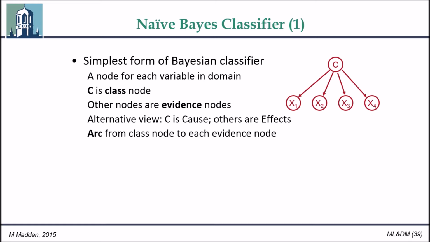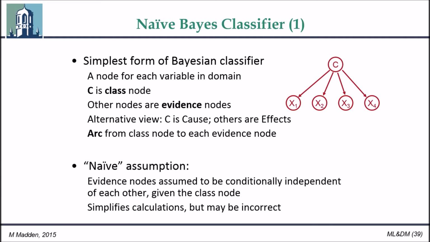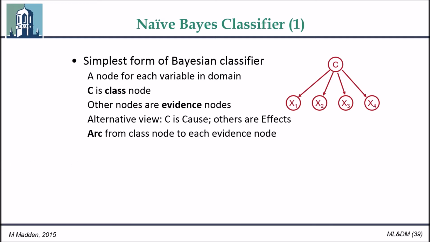This diagram on the right here shows what the naive Bayes classifier looks like. We've got one node for every variable in our world, everything that we know about in our world, and the node at the top of this little tree is our class node.